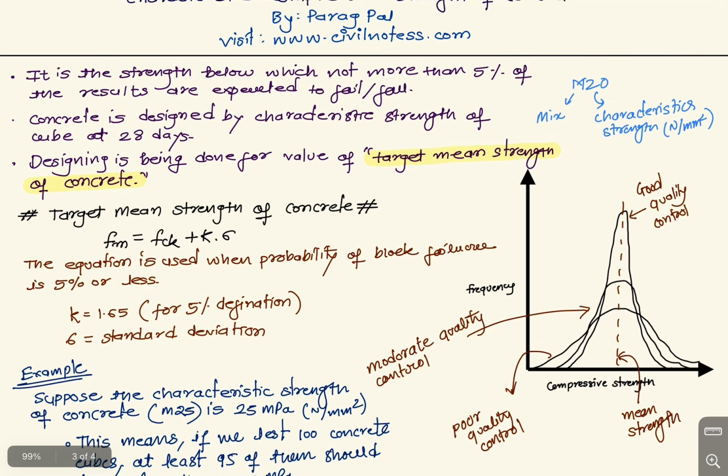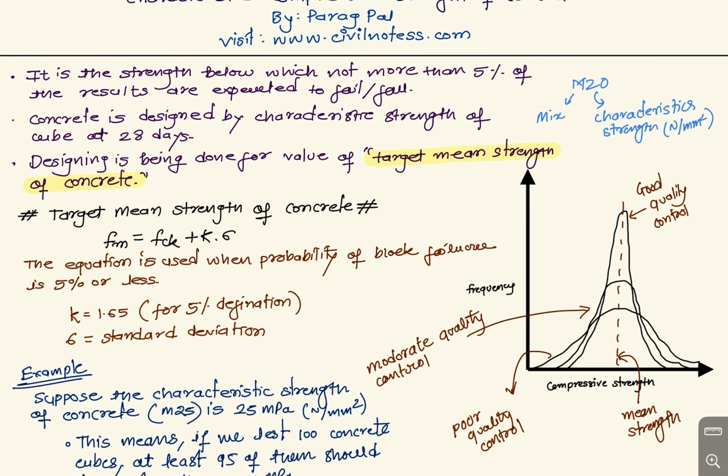To understand the whole frequency, we have a graph which defines frequency versus compressive strength. When we test the cubes in the laboratory, the first graph you may get is for the few, as I said, among 100, 5 cubes may fail.